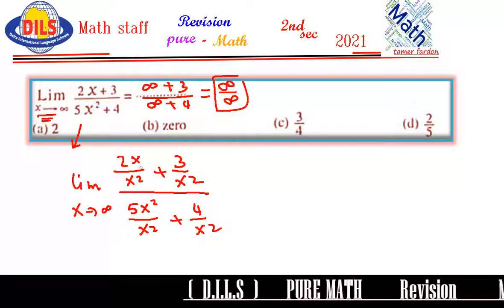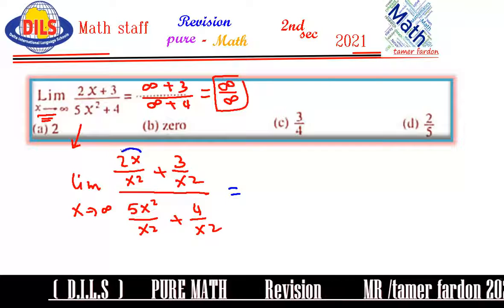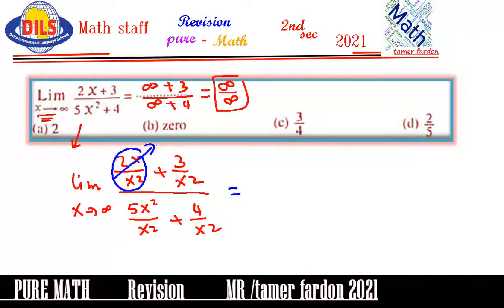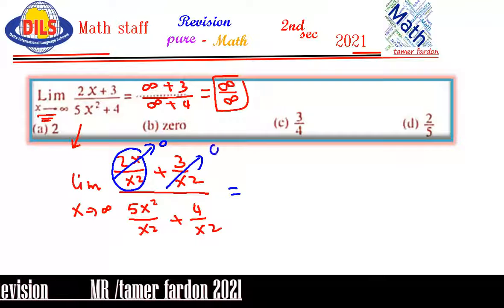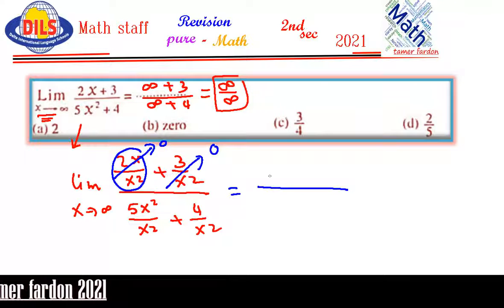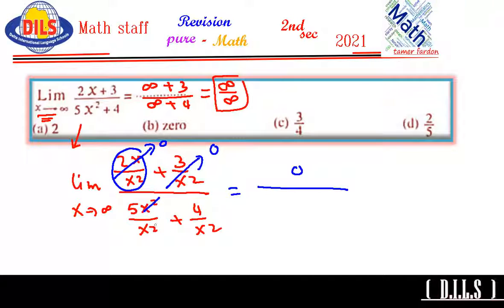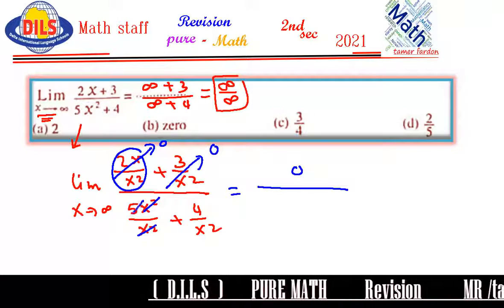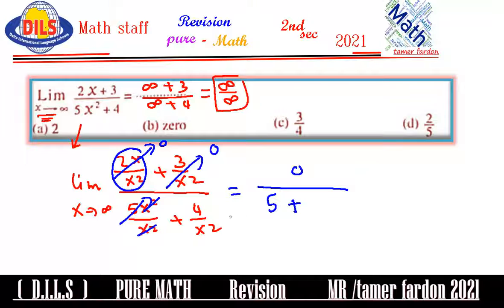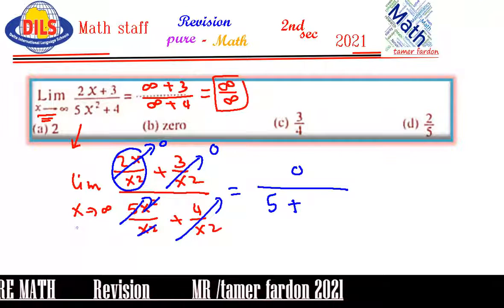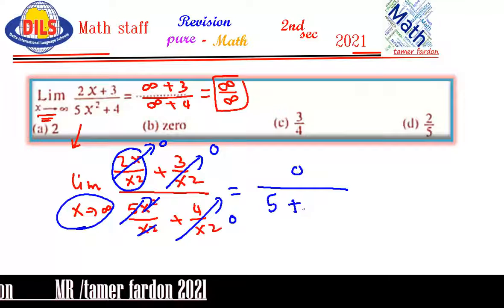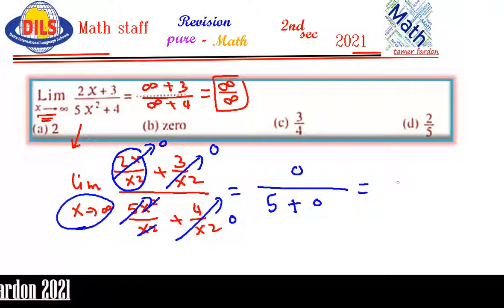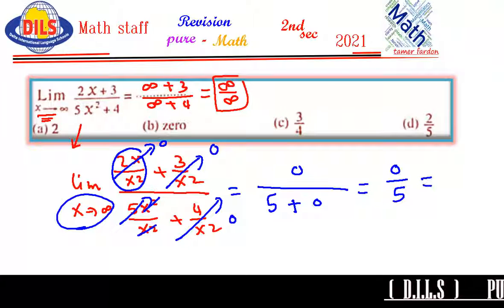At infinity, we get 2x over x power 2 tends to 0, 3 over x power 2 also tends to 0, so the result of the numerator equals 0. x power 2 cancels with x power 2, so at infinity the limit of 5 is 5 plus limit 4 over x power 2 when x tends to infinity equals 0. 5 plus 0 equals 5, so the result is 0 over 5 equals 0.